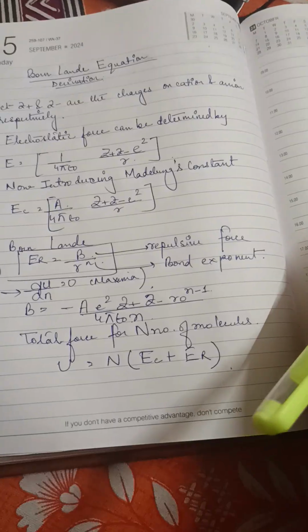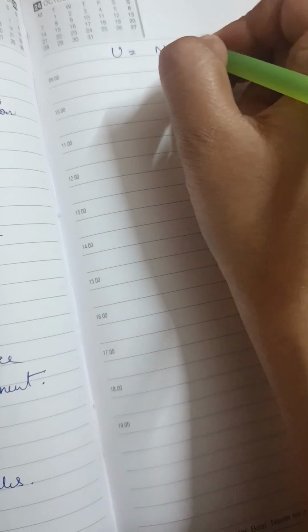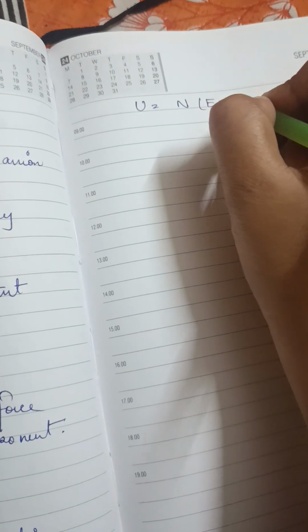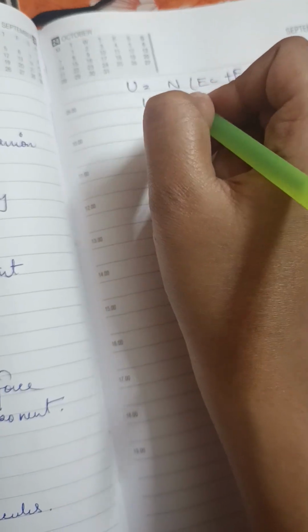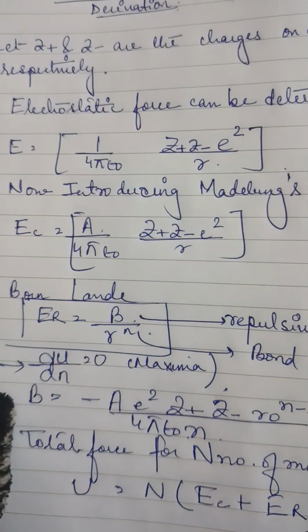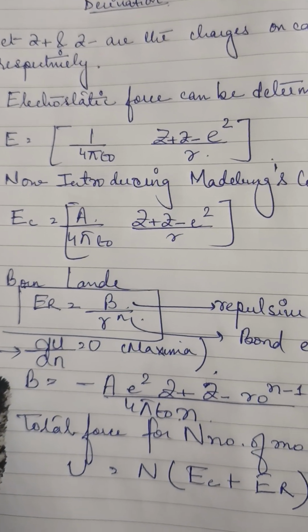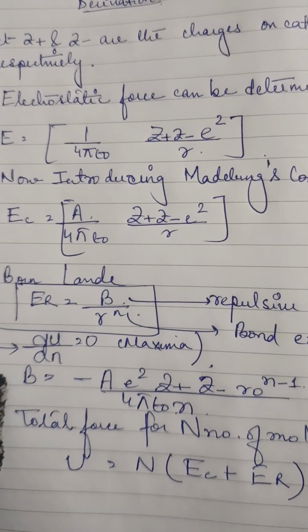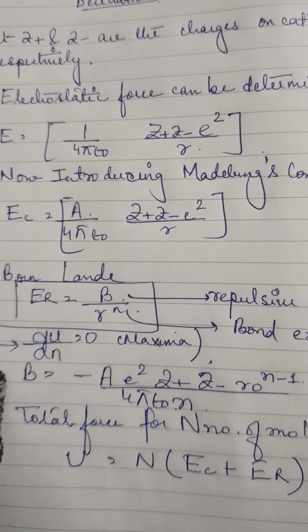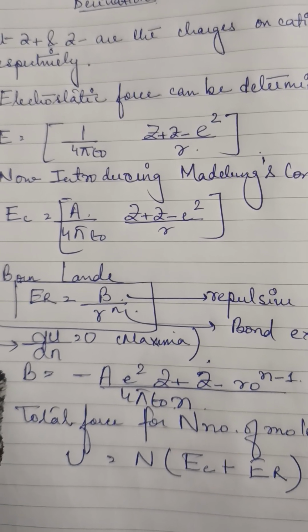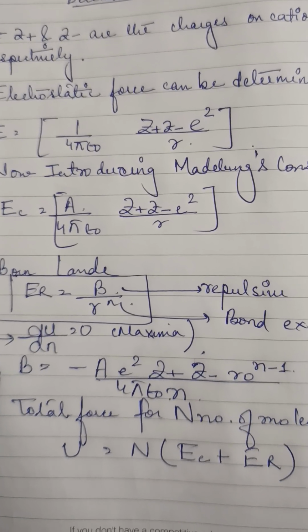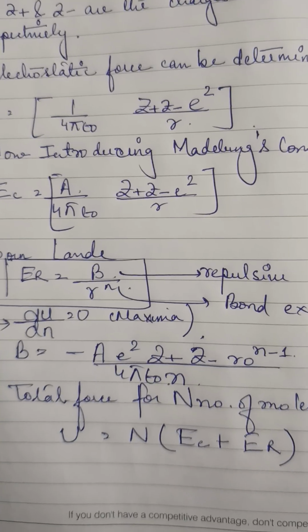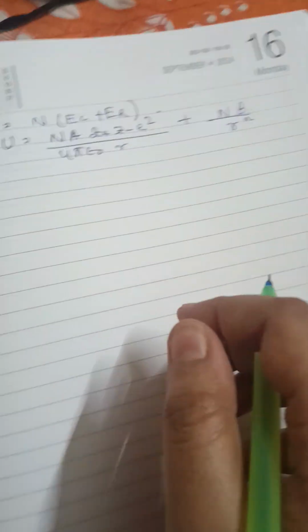Now let's do it over here. U equals N times E C plus E R, we did till here. Now U equals N, E C value is A Z plus Z minus e square by 4 pi epsilon naught r, and E R is N B by r to the power n. That is what I wrote over here.